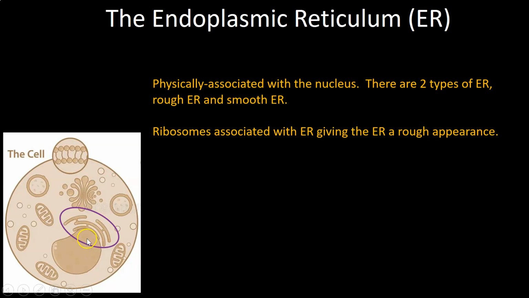The messenger RNA, which is synthesized in the nucleus, doesn't have far to travel outside of the nucleus before it encounters the ribosomes on the endoplasmic reticulum. So therefore, proteins can be synthesized quite quickly. Imagine if the ribosomes were outside, far away from the nucleus.